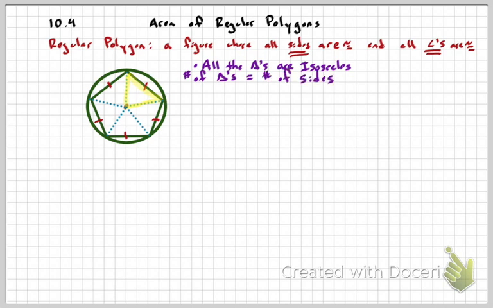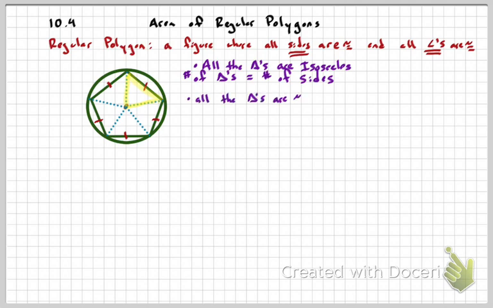The number of triangles is equal to the number of sides, and that'll be true for any polygon. If it's a regular octagon, that's 8 sides, so if I did this type of drawing, there would be 8 triangles inside my figure. If I was doing a hexagon, 6 sides, there'd be 6 triangles inside my figure.